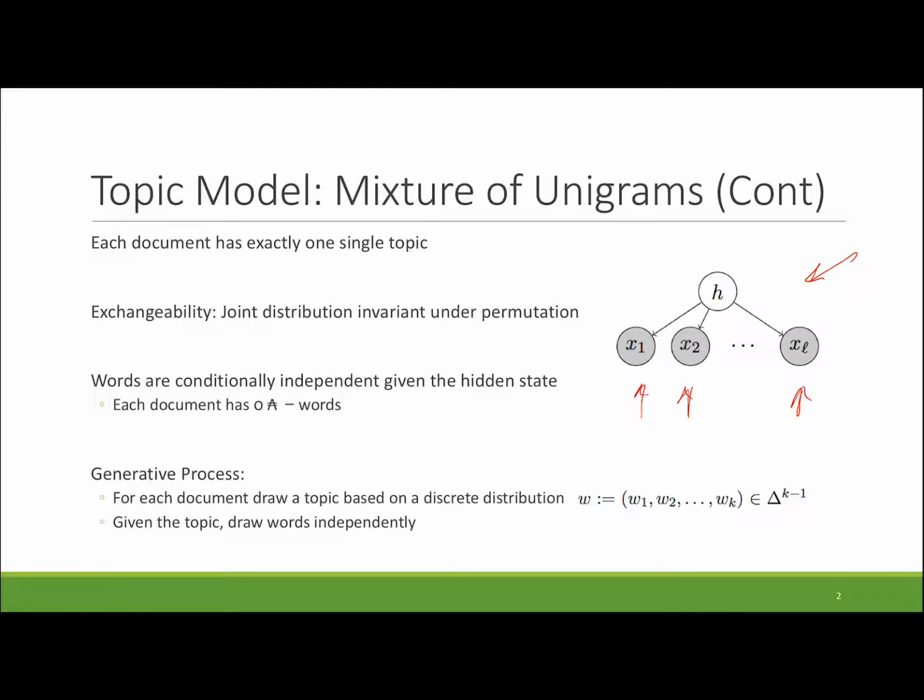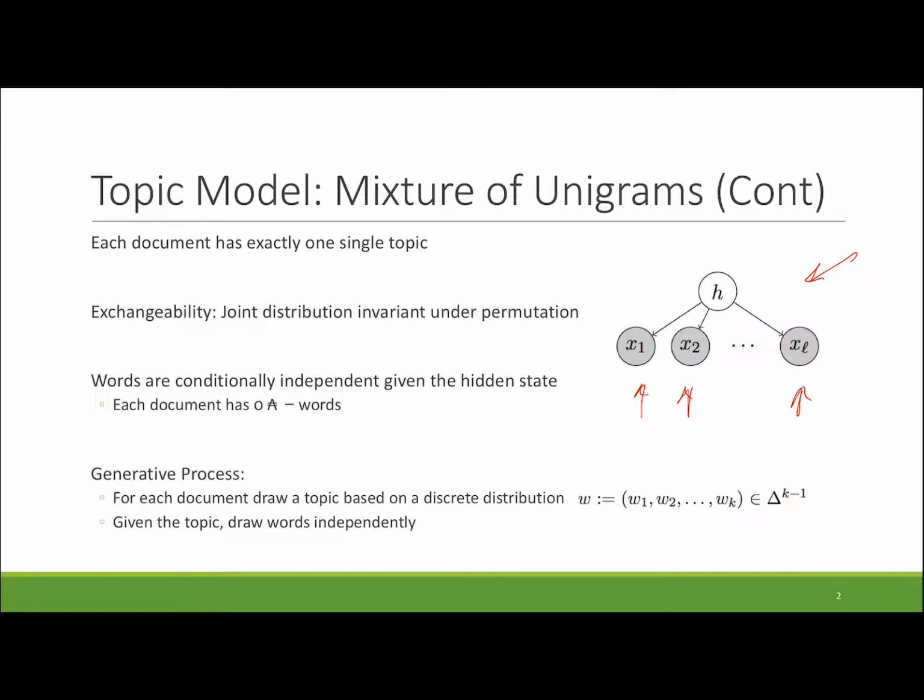So how do we generate a document under this topic model? For each document, we draw a topic, and then given that topic, we randomly draw the words from a multinomial distribution.